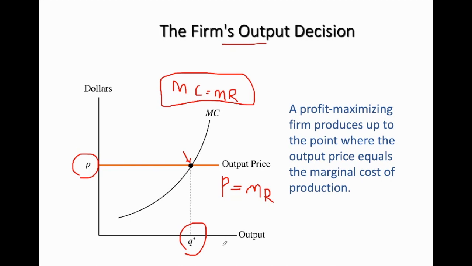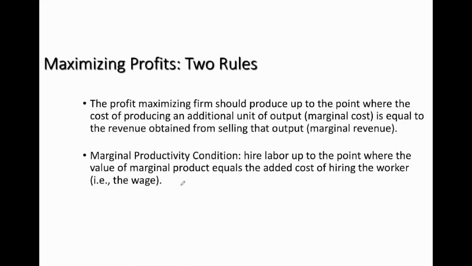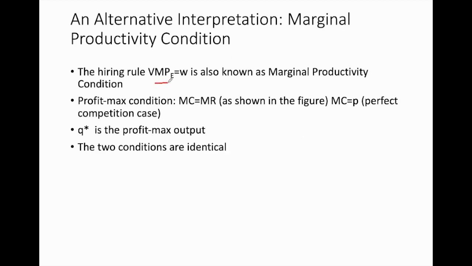Knowing this output level, the next question the firm needs to answer is how to produce Q star. The second rule is important for the firm to decide how many workers to hire in order to produce Q star, where the value of marginal product of worker must equal the wage rate. This is also known as the marginal productivity condition.